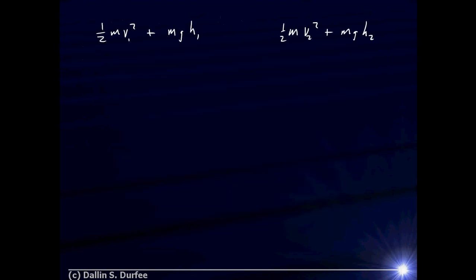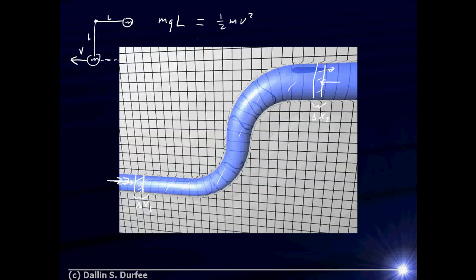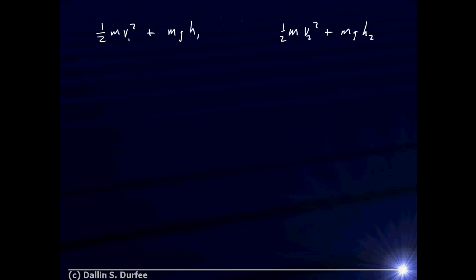The difference in the energy at the top and the bottom must equal the work being done. So what is the work being done? There's positive work being done at the bottom and negative work being done up here. Work is force times distance, assuming the force is constant, so we don't have to do an integral.